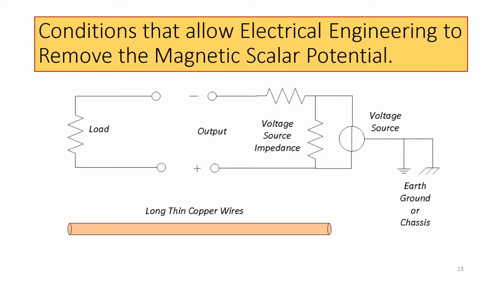Another thing is the source impedances. All our sources have an impedance of some low value, because if they didn't, they wouldn't be able to drive any current the way our sources are built today. So that's effectively going to ruin the magnetic scalar potential too. And then the third thing is long, thin copper wires.